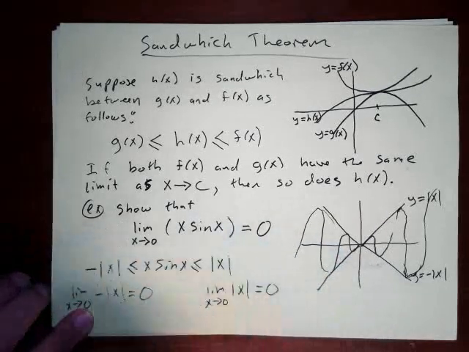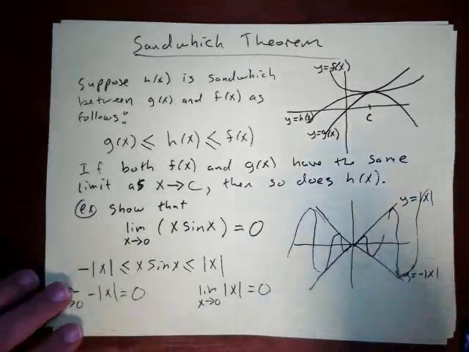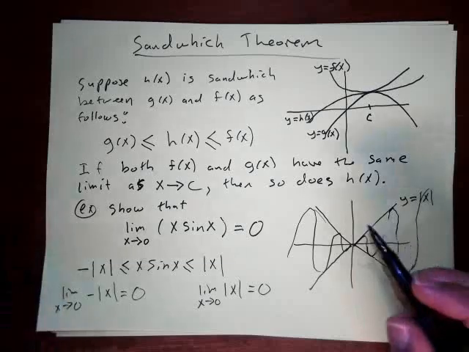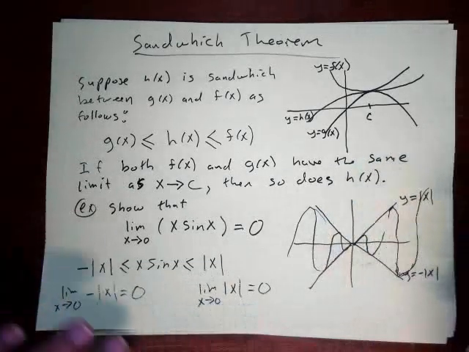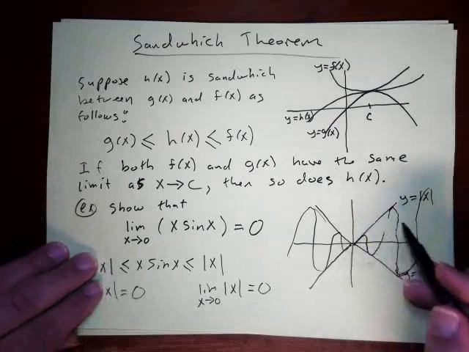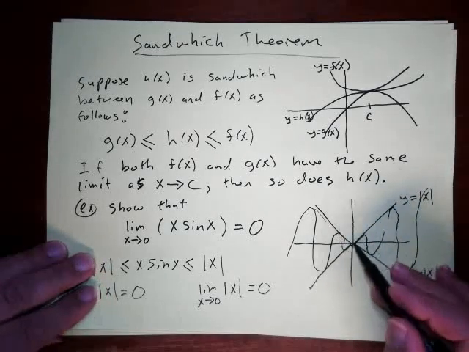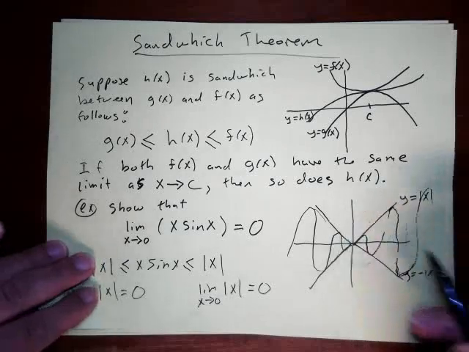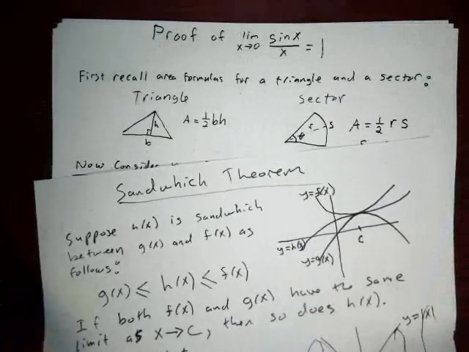That means this will also have a limit of 0. Okay, so that's the idea. You're sandwiching the function between two other functions that you can find the limit of, and if both of those are the same, then the limit of the function sandwiched between them has to be the same as well.